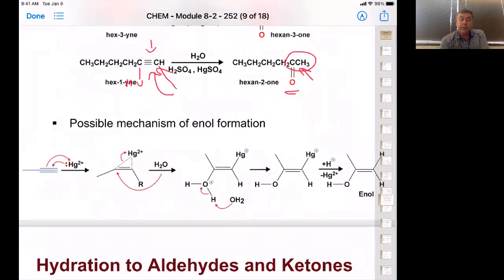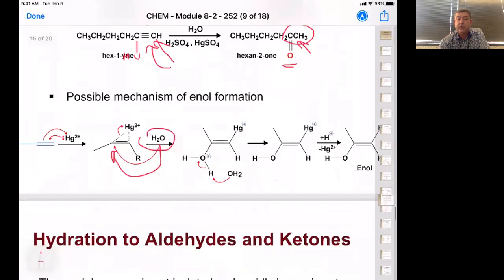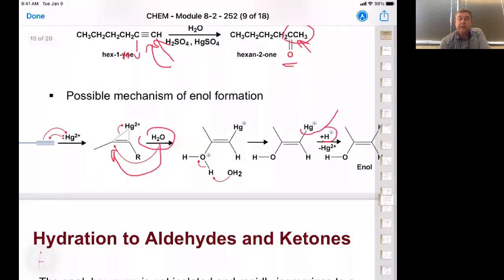And your water is going to end up being a weak nucleophile and attacking anti to the mercury cation three-membered ring on the top. Okay. Well, after it does that, that mercury can then go ahead and be displaced by hydronium ion or a positive hydrogen to give us our enol.